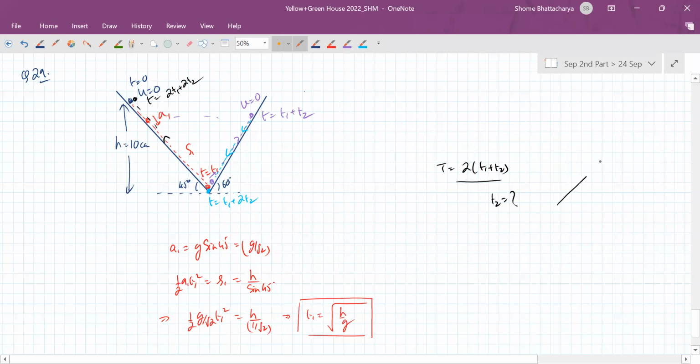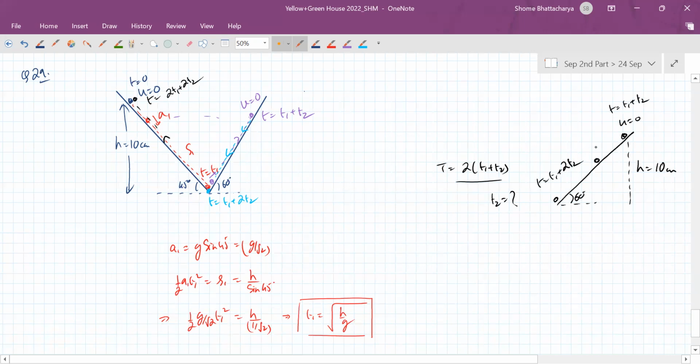For T2, just look at the third part of the motion, not the second part, but the third part. That is when it has reached this maximum height. From work energy, you'll see it will reach the same height of 10 centimeters as it reached on that side, but it's at rest. And then it reaches here. So this was at time T1 plus T2, and this is at time T1 plus 2T2.